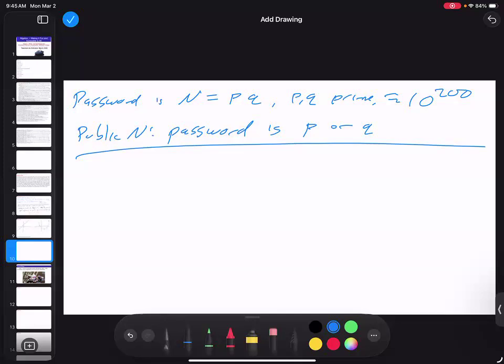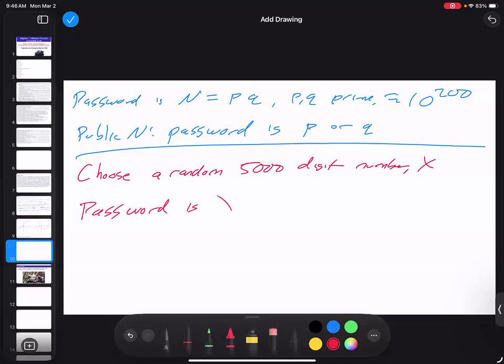10 to the 200 is huge. But some of you may be concerned that maybe that's not quite huge enough. So here's the other. For those of you who are really paranoid, choose a random 5,000 digit number, X. And the password is X. So which do you think is more secure?